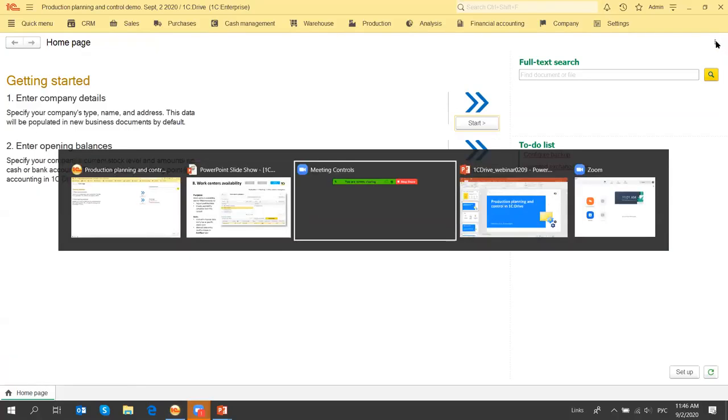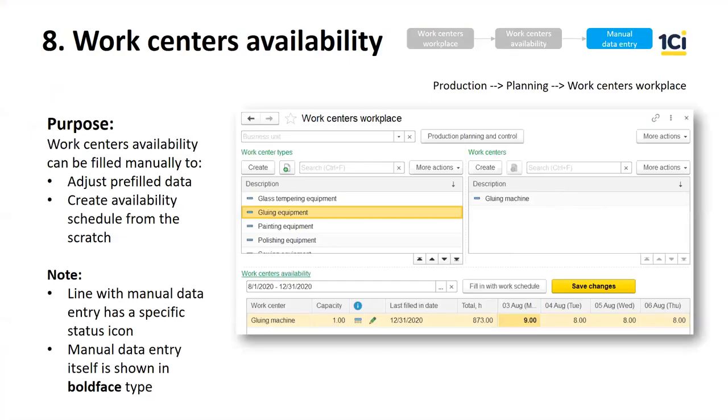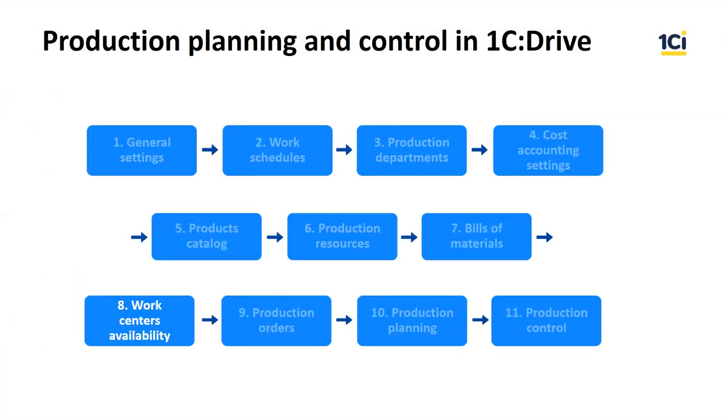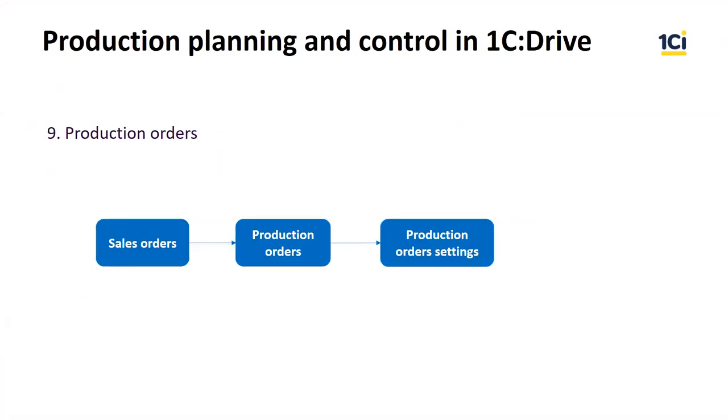Back to our presentation. This is it for the work centers availability and step 9, production orders. A little bit earlier, we talked about different environments for production companies, and those are make to stock or make to order. And here's the step where this difference comes into play.